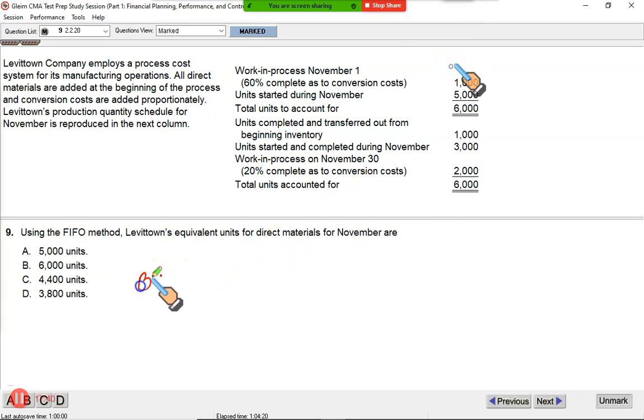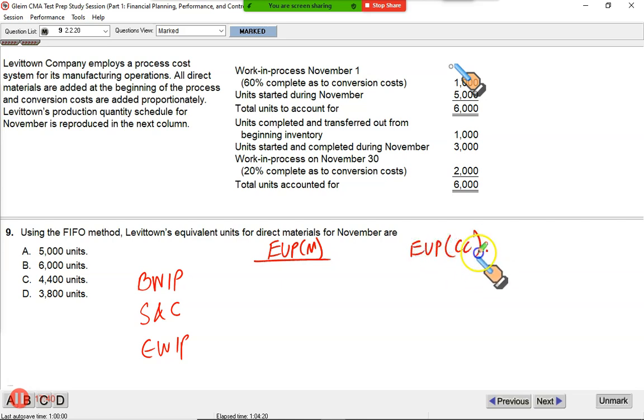Beginning work in process. This is the first category. The units started and completed, and the ending work in process. I need my equivalent units of production in these 3 categories. And for which equivalent units we have, I told you, we will have separate equivalent units of production for material, and we will have equivalent units of production for conversion cost. They must be separated.